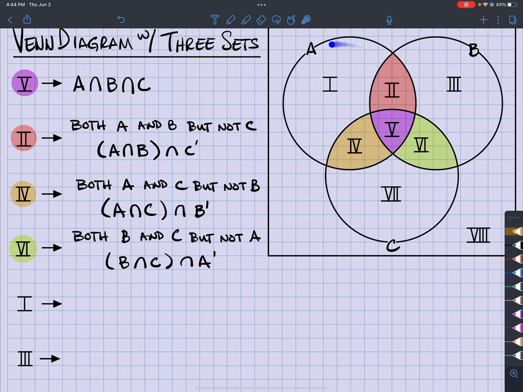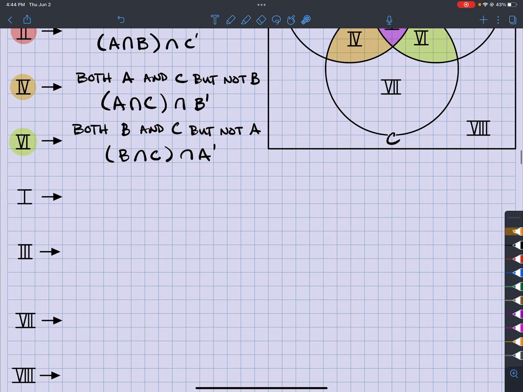All right, so let's talk about region 1. If I look at region 1, just here, it would be this whole thing, which is A, but take away the B and the C part of it. So it's actually set A with neither B nor C. How would I write that?